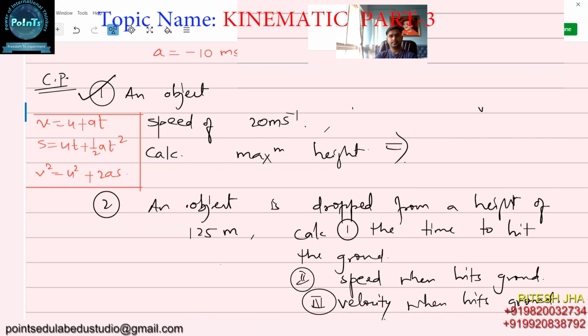Should I take gravity as 9.81 or 9.8? Consider minus 10. Consider 10. I'll make this 2. That changes things. 60 meters.